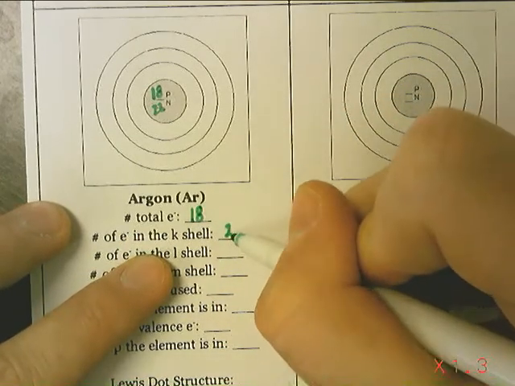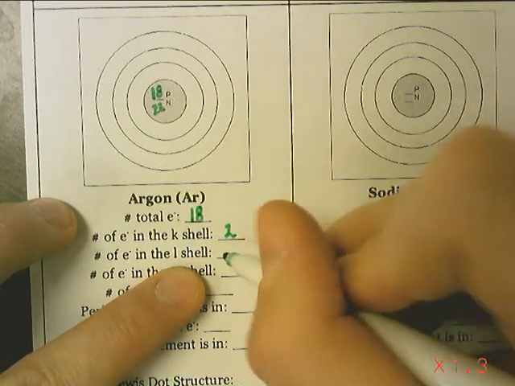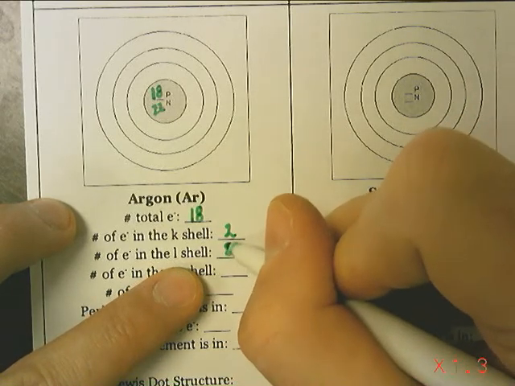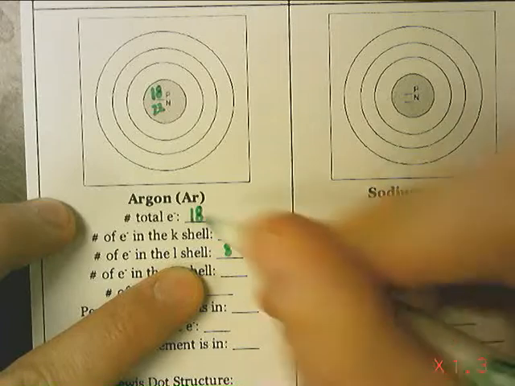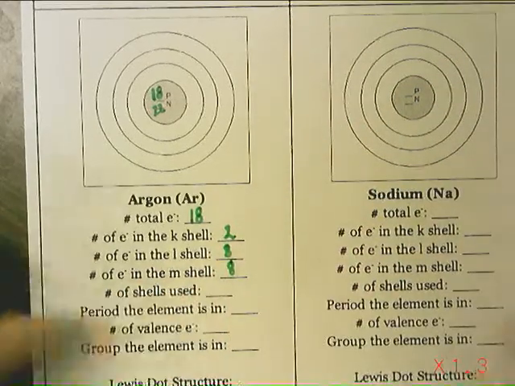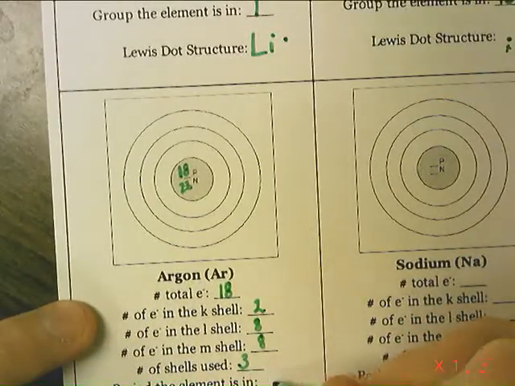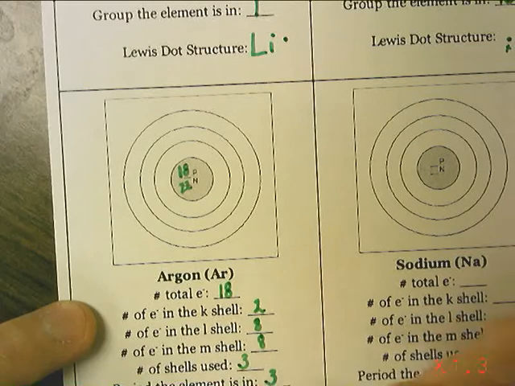That means we'll have 2 in the K shell. It looks like we're going to fill up the L shell with 8. That gives us 8 plus 2 is 10, and we have 8 left over. And those will go in the M shell. Looks like we're using 3 shells. And what do you know? Argon is in period 3.